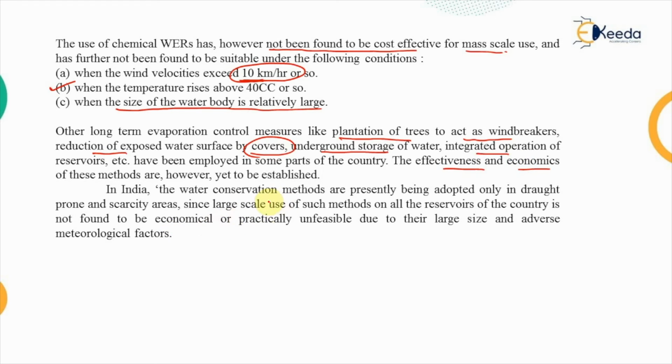So in India, the water conservation methods are presently being adopted mostly in the drought prone areas or where the water is not easily available. And therefore, the large scale use of such methods is not found to be economical or is practically unfeasible because of their large size and adverse meteorological factors. That was the first type of the reservoir loss.